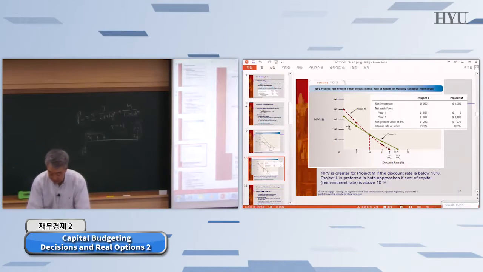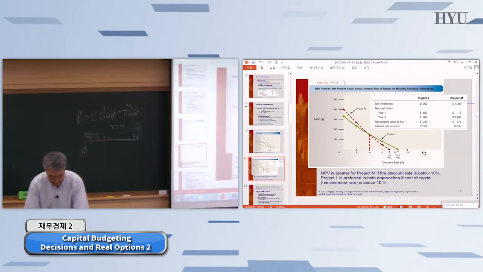If you calculate the internal rate of return for each project, it comes out to be 18.3% and 21.5%. So they came up with these curves, the red curves and green curves.